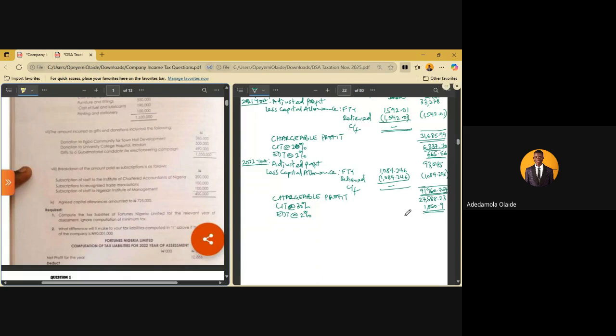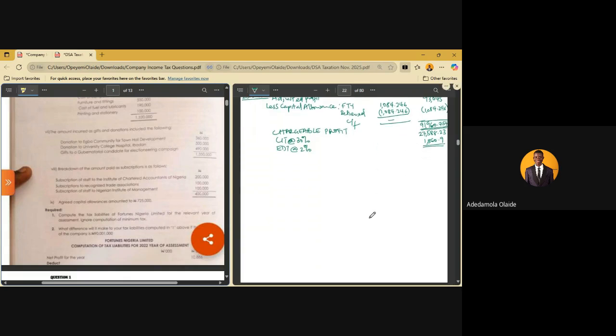So we have Fortune Nigeria Limited, computation of tax liability.